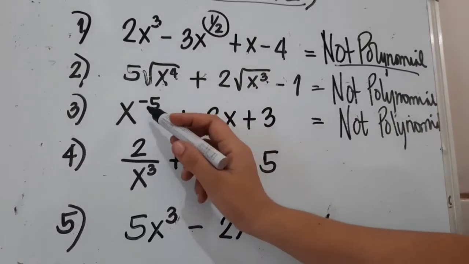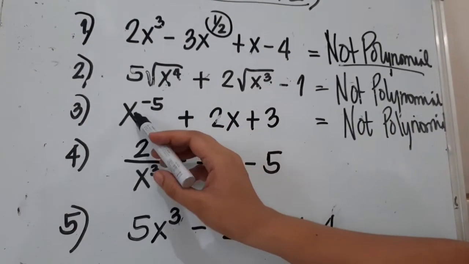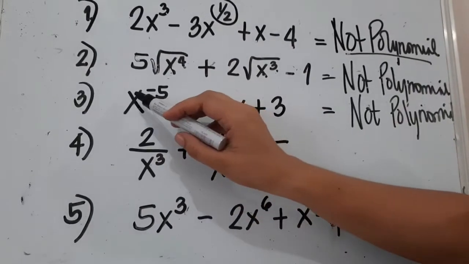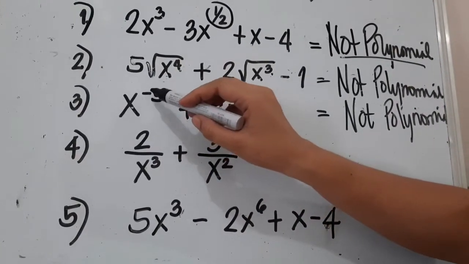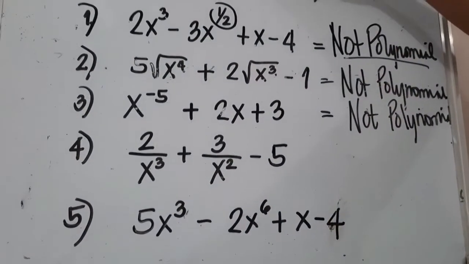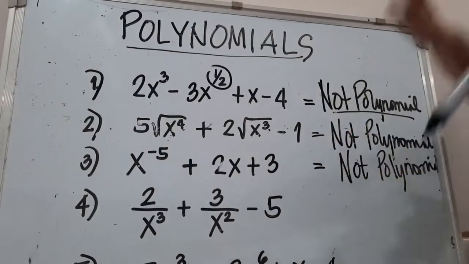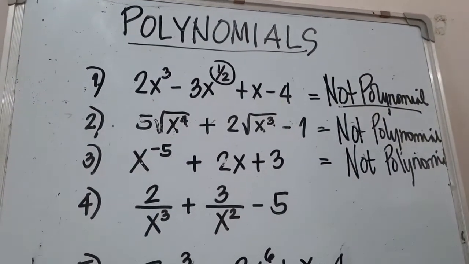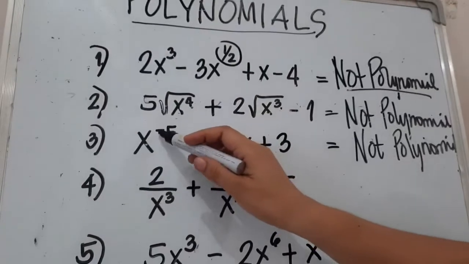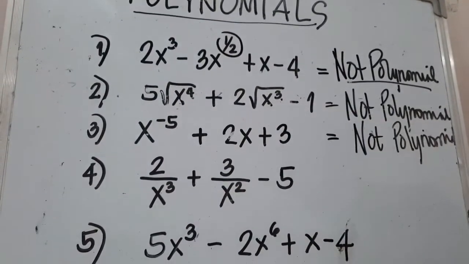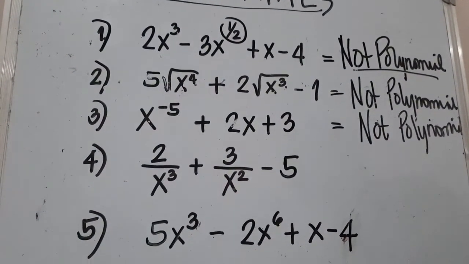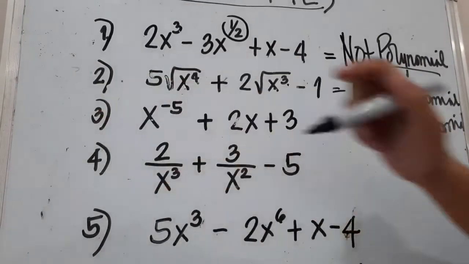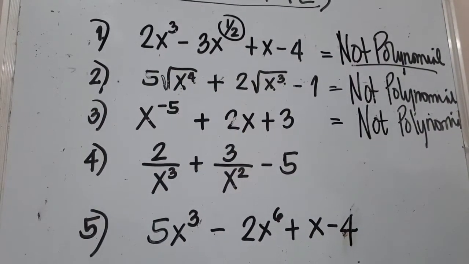Why do we call this one not a polynomial? If you look at it, the exponent of our variable x is -5. Polynomials have a positive whole number as the exponent of the variable, and this -5 we automatically disregard. So automatically number 3 is not a polynomial.